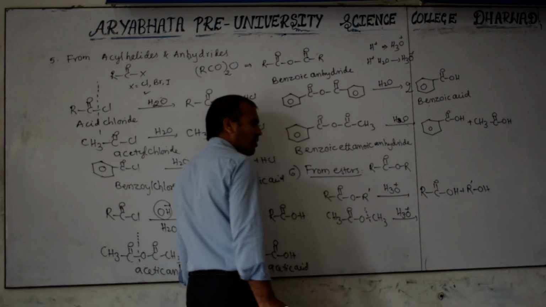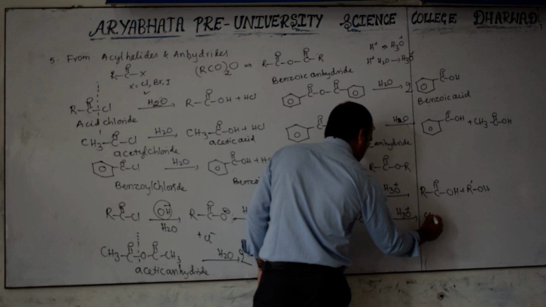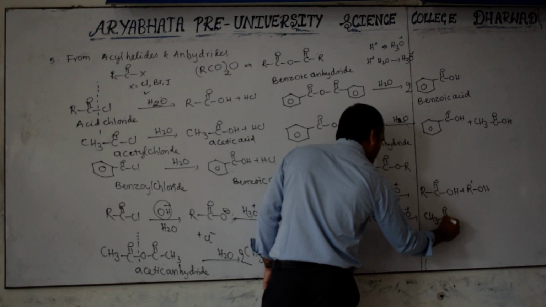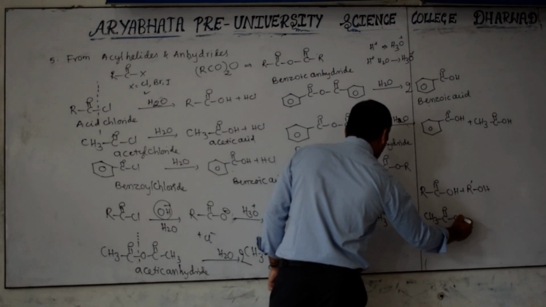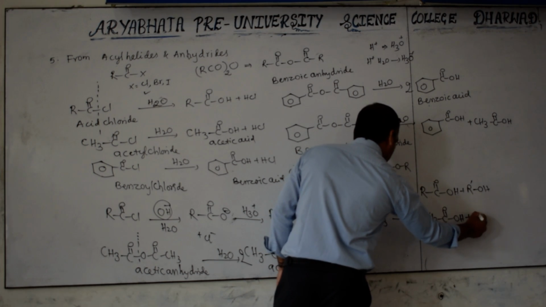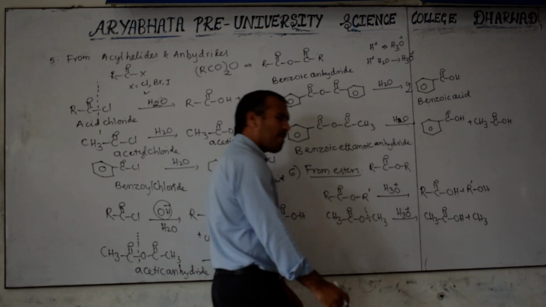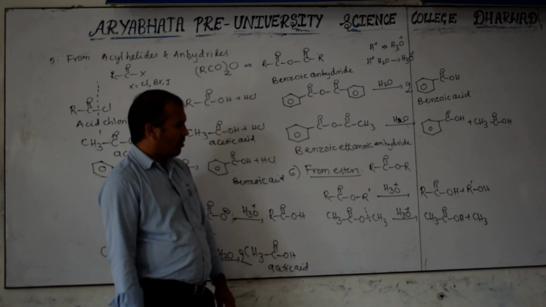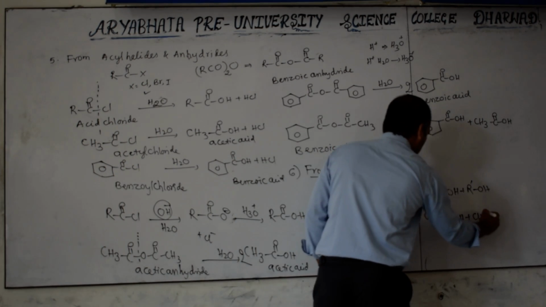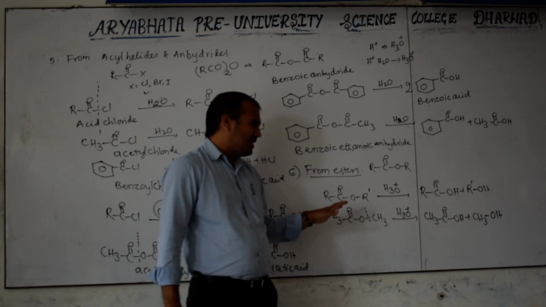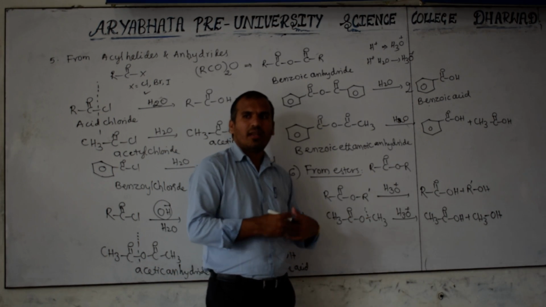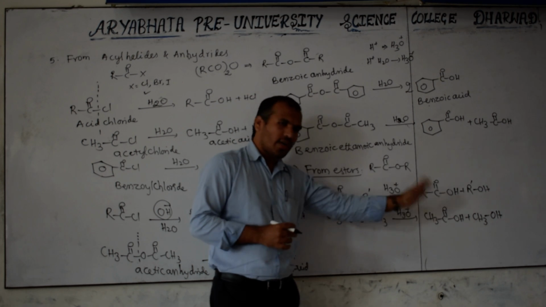Then we will get CH3 double bond O and H, and here CH3. But this is just for our understanding, how to write the product.